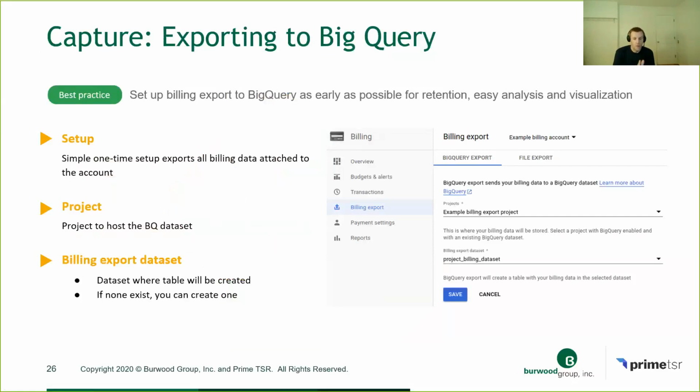Google provides a very easy to set up billing export where you can set up a new BigQuery data set, go into your billing account, set up the export here, hit save, and then Google will every hour or so automatically export all your billing data from the billing account into BigQuery. Then it's in BigQuery and it will be in there indefinitely, so you can maintain an indefinite history here and write your own queries and visualizations around that data.